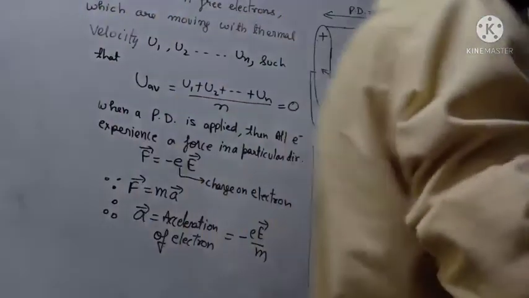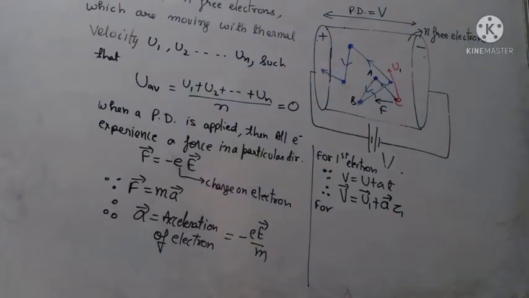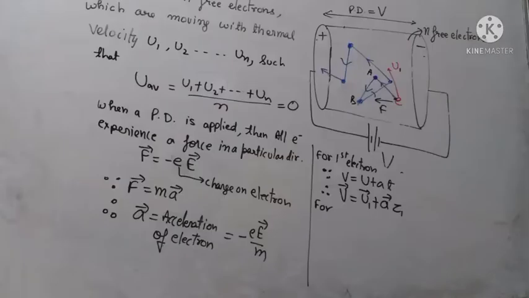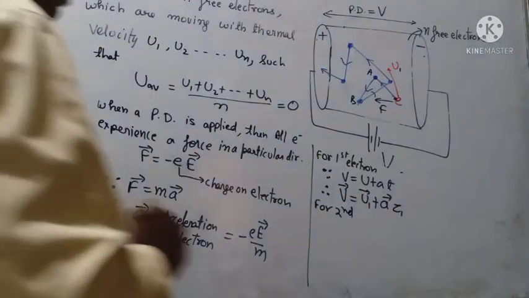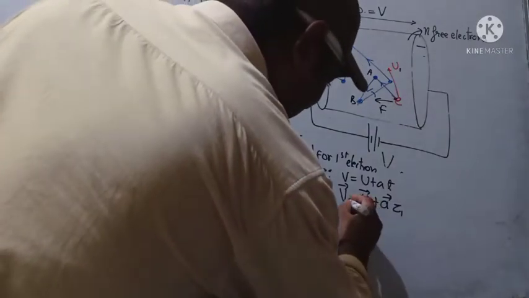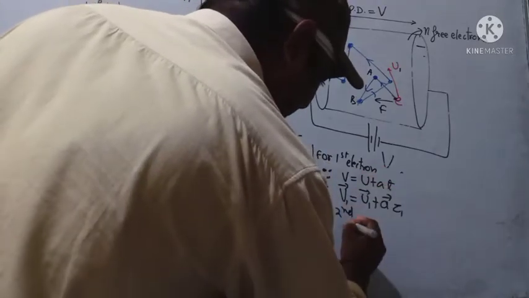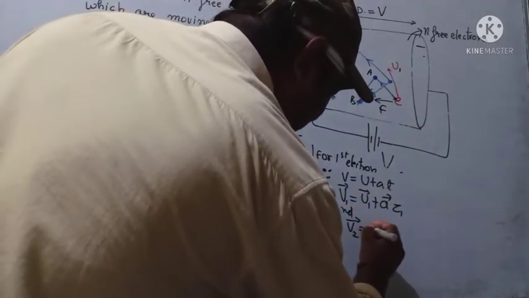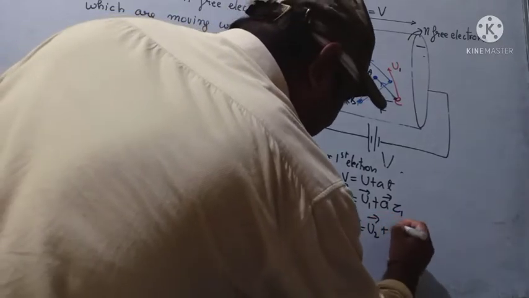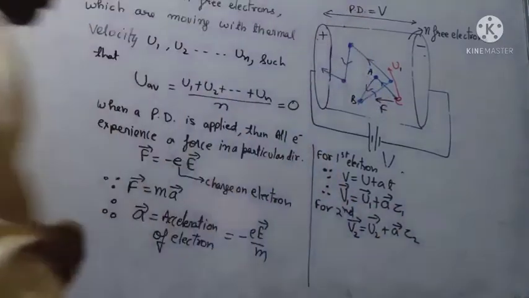For the second electron, let's deal with the second electron. Now we will look at the second electron. What will we obtain? Let us consider if U1 then V1. This is the core formula which we are applying. Then V2 vector is equal to U2 plus A tau 2.